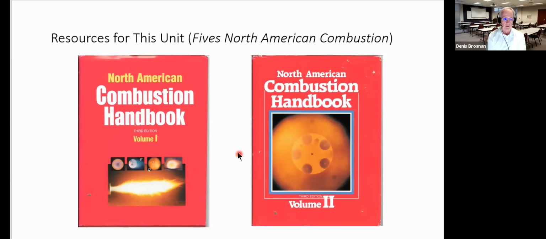That's one of the bright spots of this course. But I want to say that the North American Combustion Handbook is a very useful reference. I recommend you look in your company library or in your colleagues' bookshelves for this handbook and take a look at it. You can buy it on Amazon or through any bookstore, perhaps.